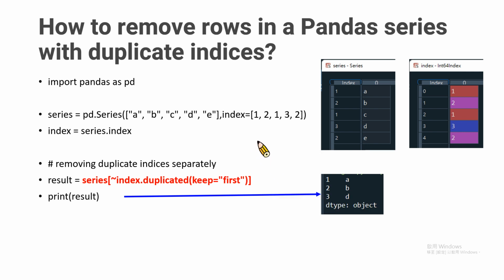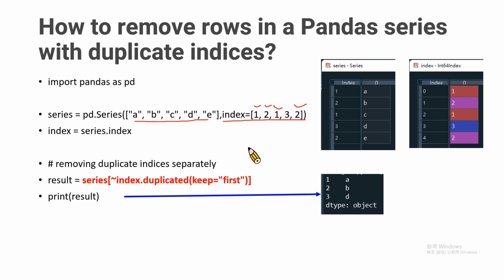Here we introduce a useful technique: how to remove the duplicate index in the series. For example, this is the series and the index here, and you can see there are duplicate indexes here. And the values for the duplicate index are different.